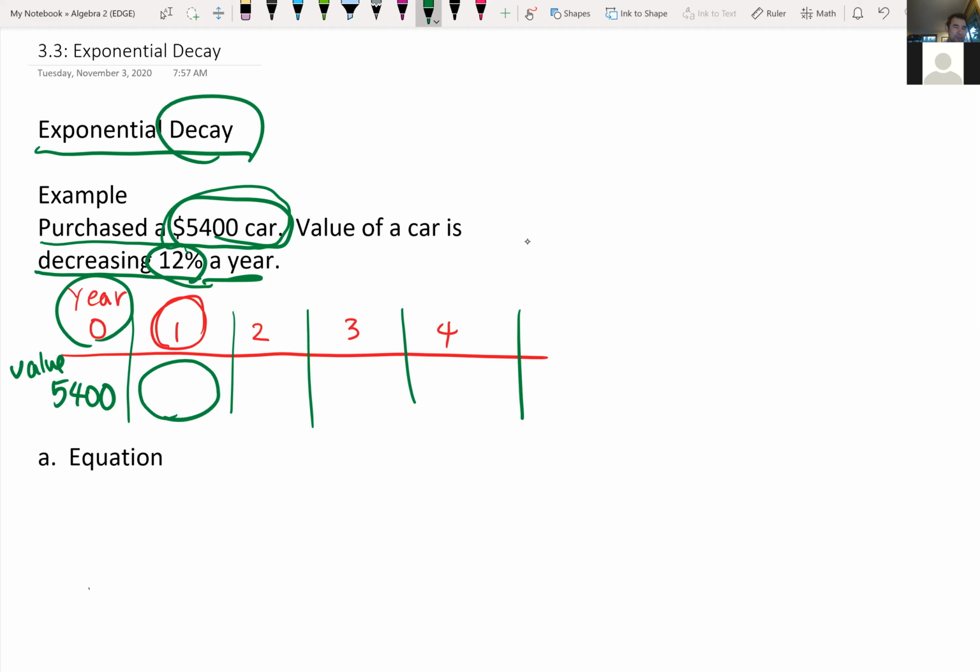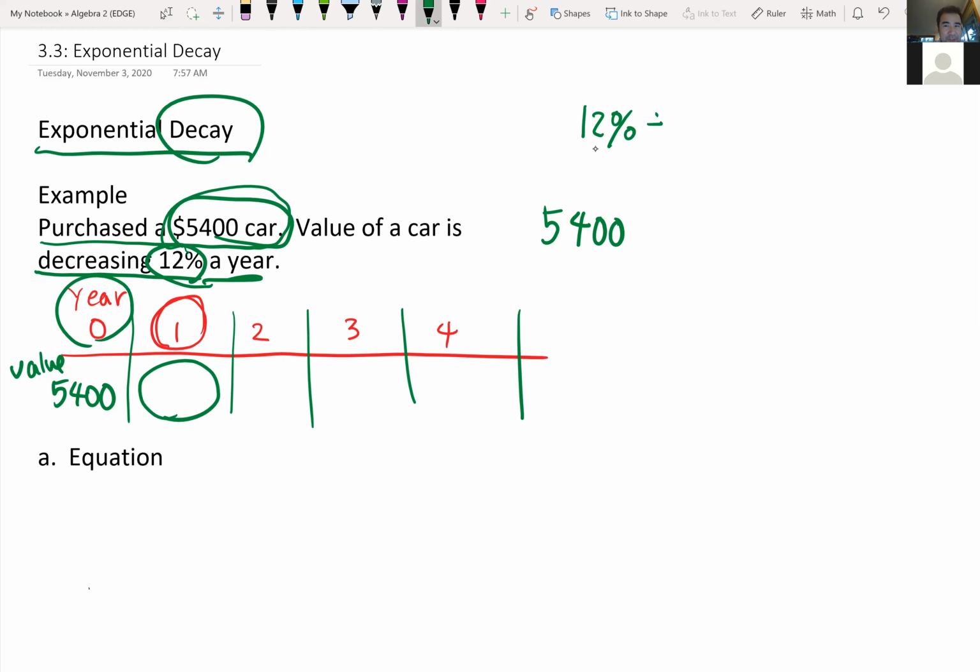Now, first of all, let's figure out 12% of 5,400. How do you figure out the percentage of something? You guys remember that? Let's do the long way first, because there's a purpose for that. You multiply the 12% by 5,400, but you cannot use 12% straight.